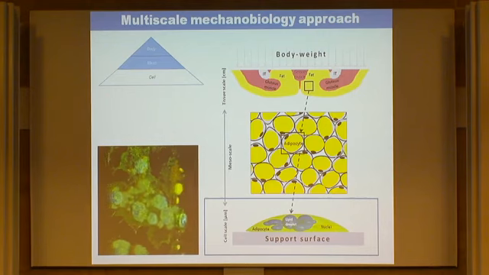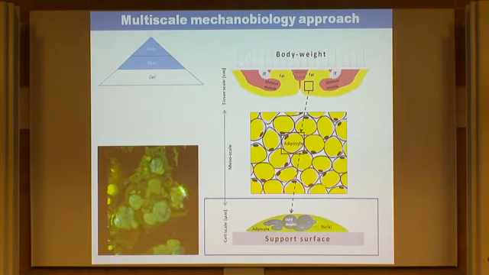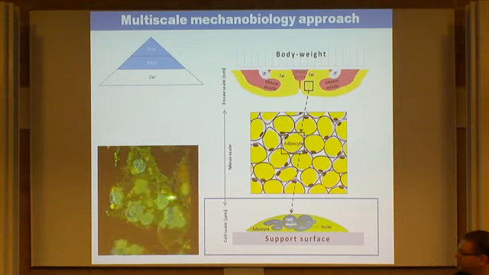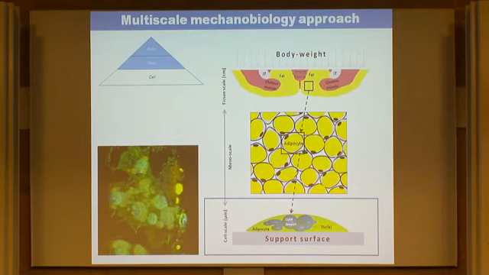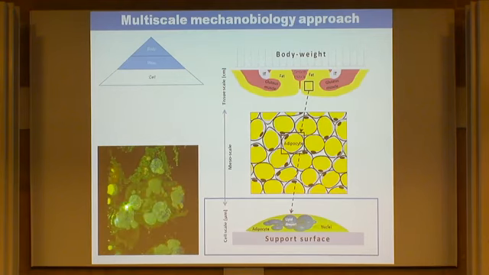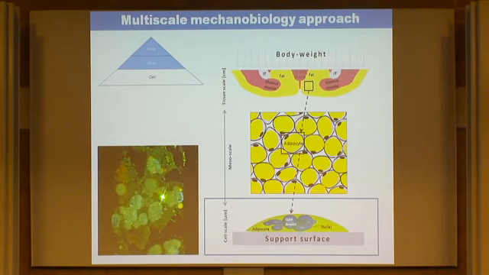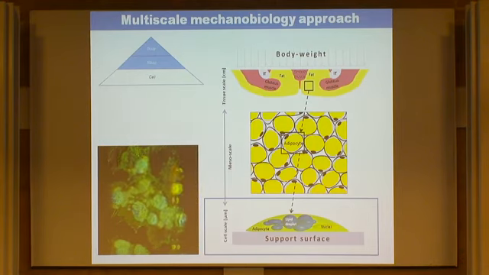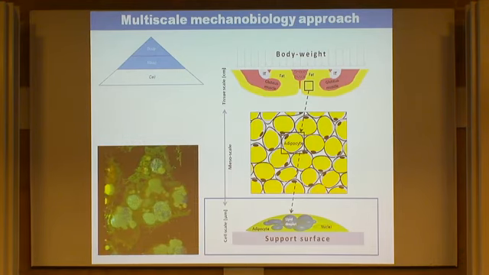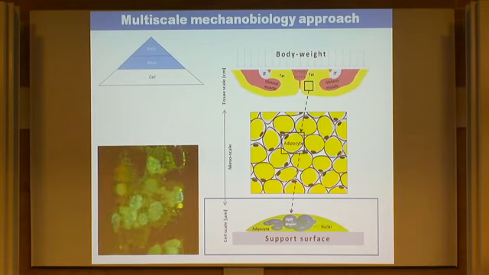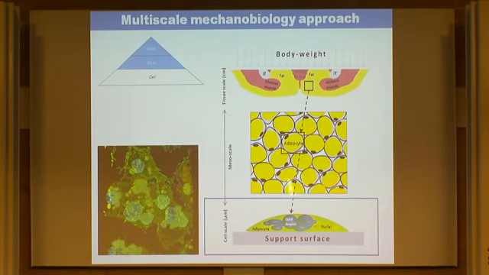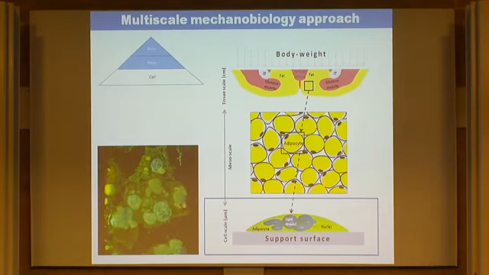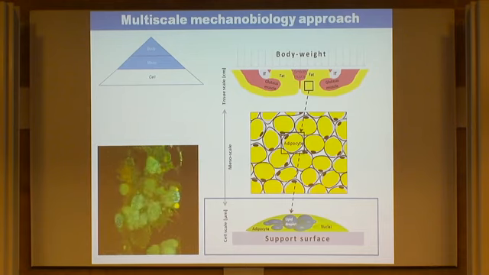This is a three-dimensional reconstruction of cells from a culture that we have made based on confocal microscopy, and what you can see here is basically the lipid droplets in the cells. And what we do, which is something that I often do with my research, is to look at the function of fat tissues and cells in a multi-scale approach.